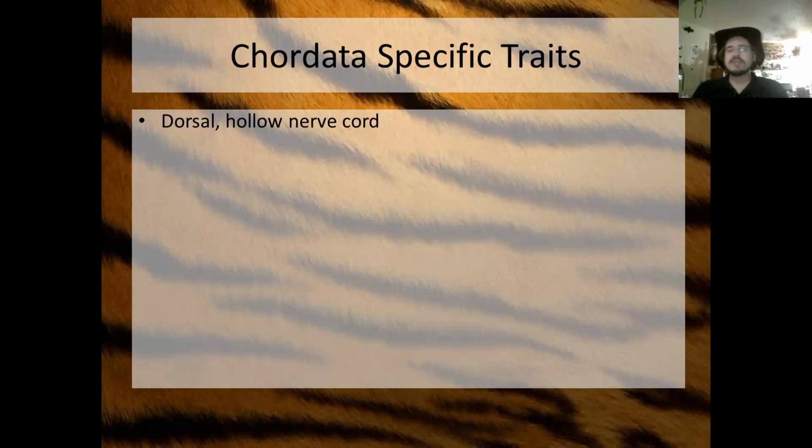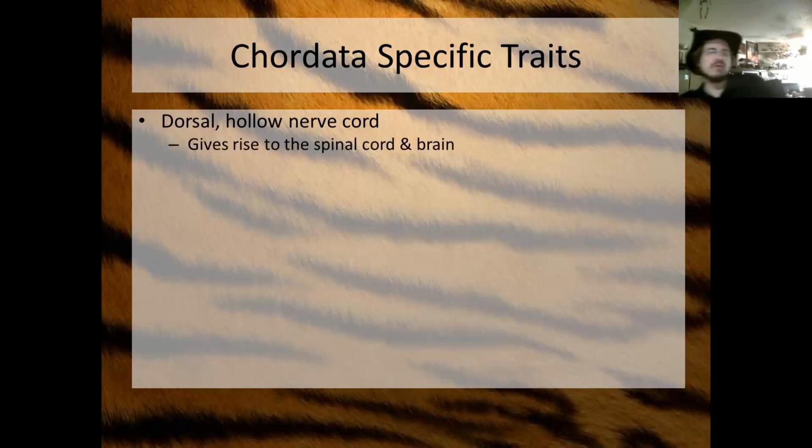So you know the spine in us as our bony back right there. The spinal column is vertebrae stacked on each other that are hollow and have a nerve cord running through it. And that nerve cord is the dorsal hollow nerve cord, and it gives rise to the spinal cord and the brain.